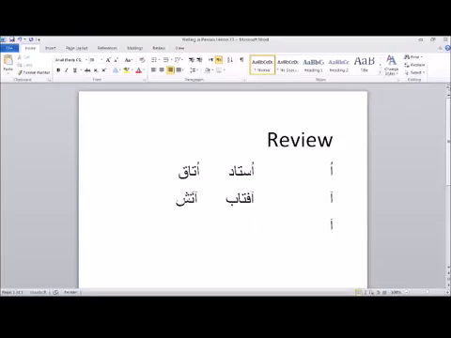Example would be Abru, which means eyebrows. We also have Asir. Asir means captive, prisoner.